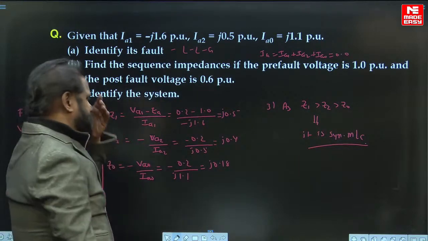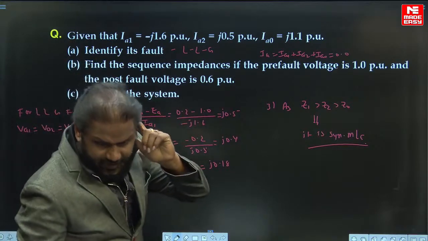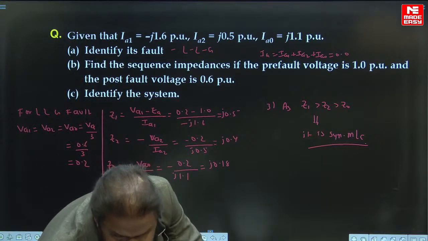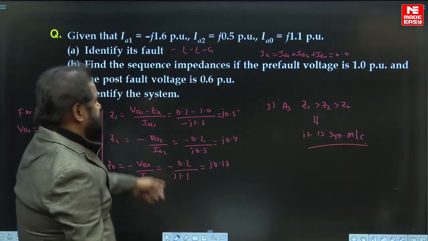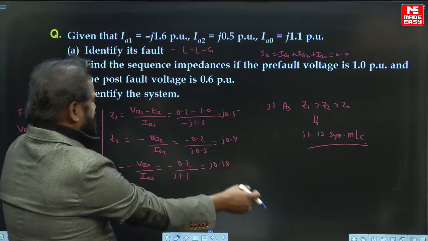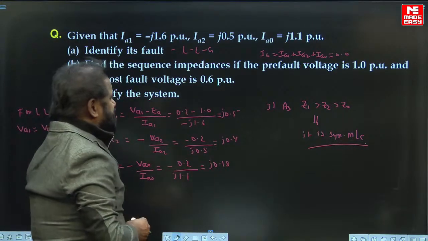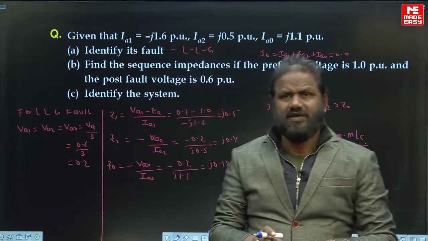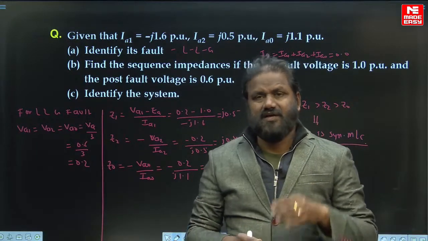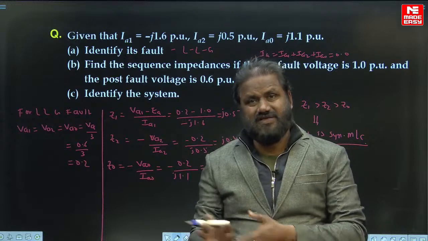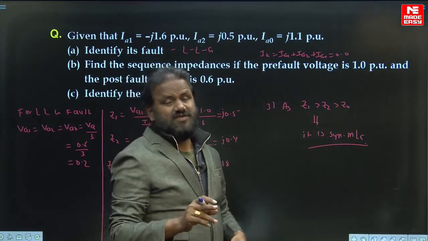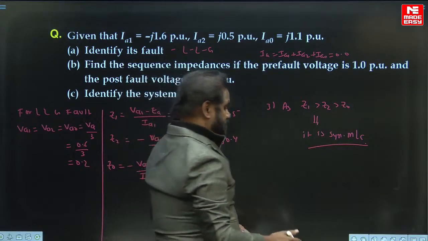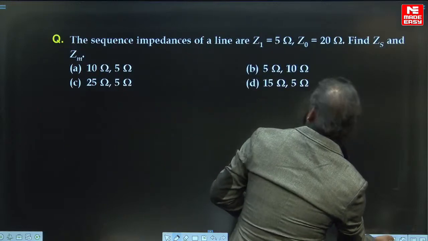This one is clear. The reason is that in a synchronous machine Z1 is greater than Z2 greater than Z0. If it is a transformer, Z1 equals Z2, greater than Z0. If it is a transmission line, Z1 equals Z2, less than Z0. In the transmission line, the zero sequence impedance is found to be more than the positive or negative sequences.